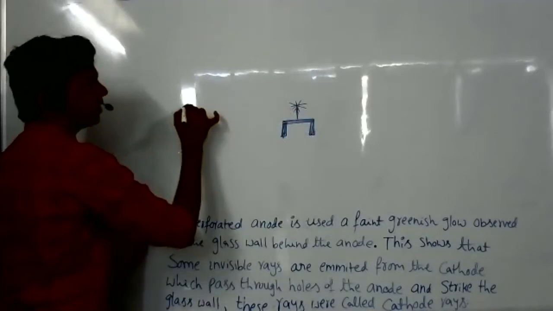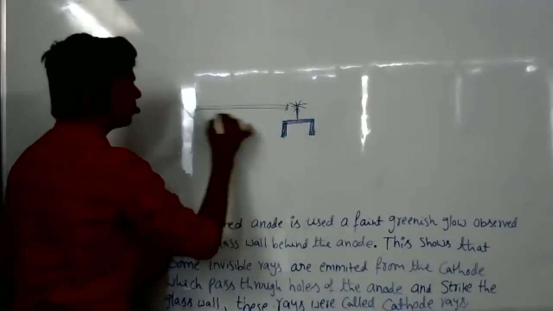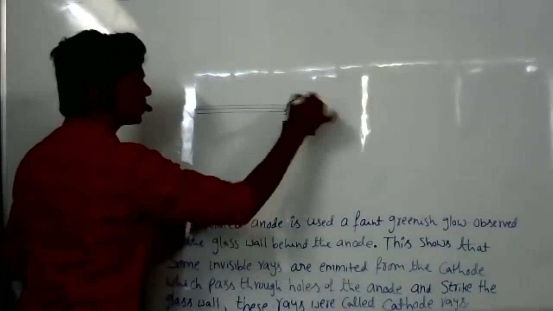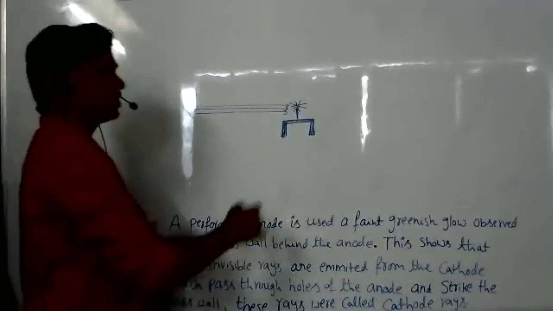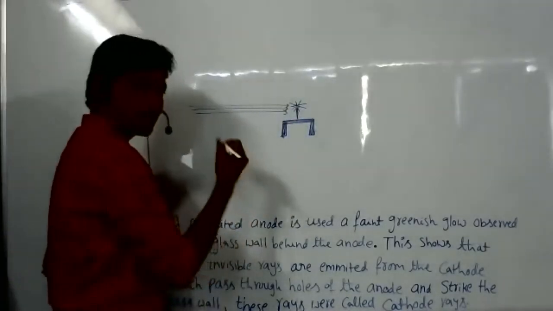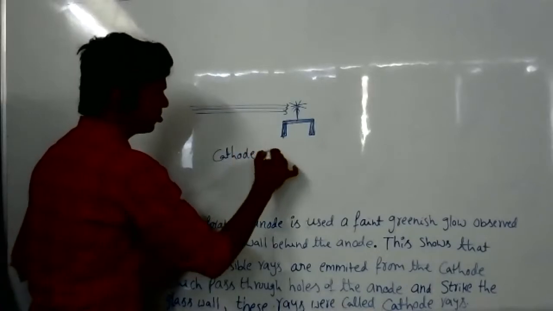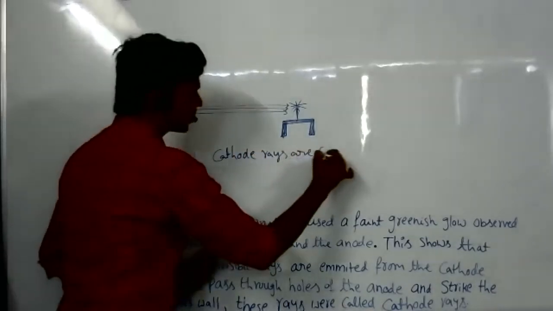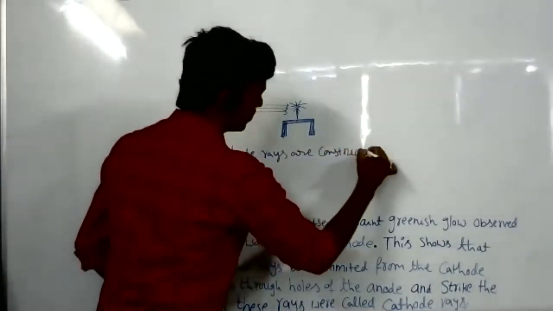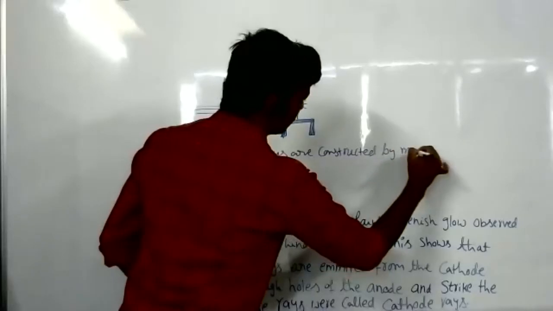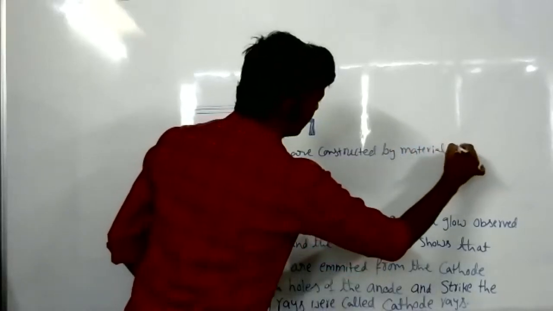When we pass cathode rays, this wheel starts rotating. So this indicates cathode rays are constructed of material particles.